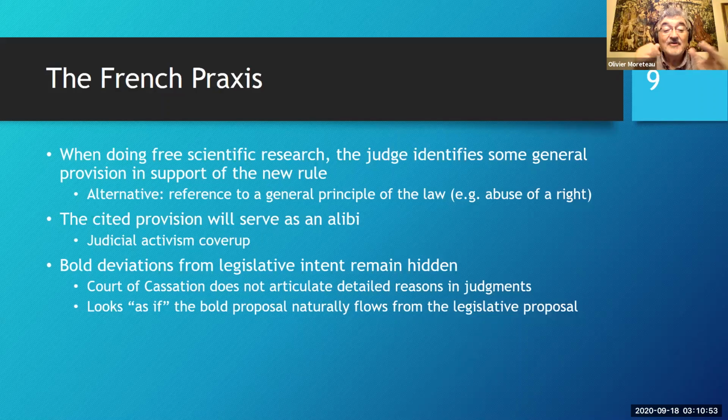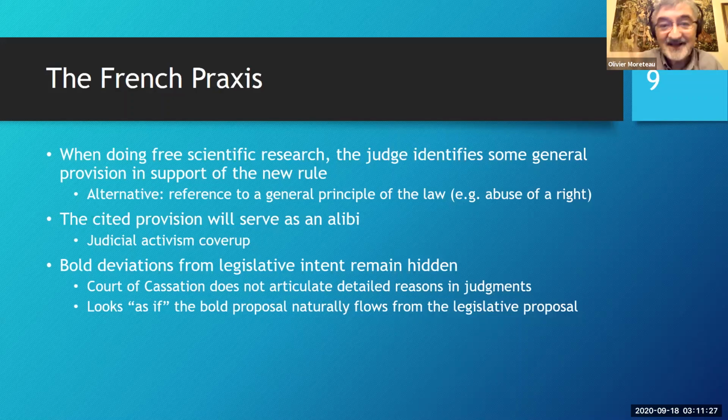Why? Because the Court of Cassation, as we discussed earlier, does not give much detail in its judgment, okay? It's not giving articulate reasons in the judgment. They just say, given, whereas this article says that, and they say this article actually implies this, and they do not reflect or express all their thinking based on scientific or sociological data, okay?